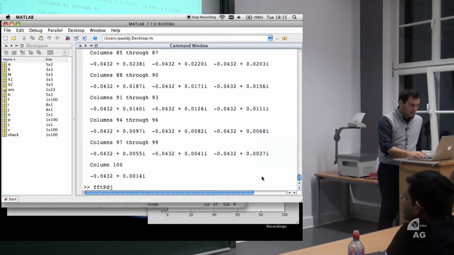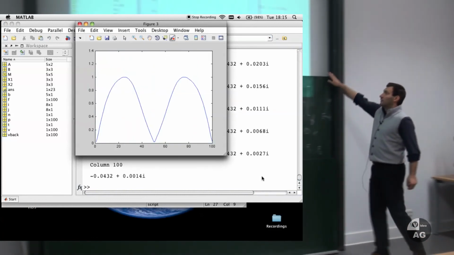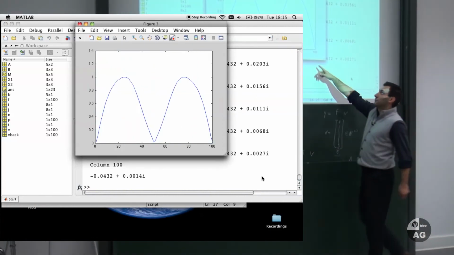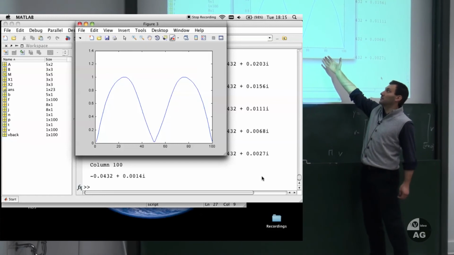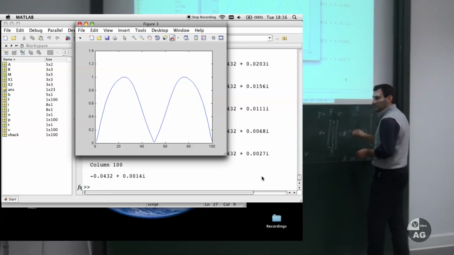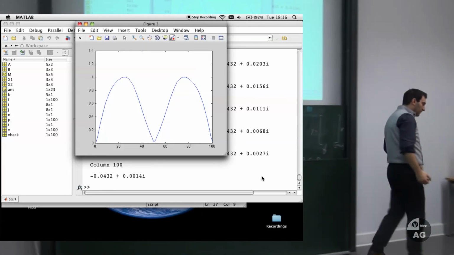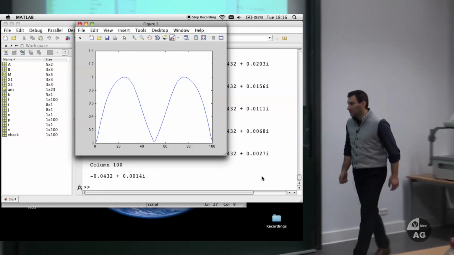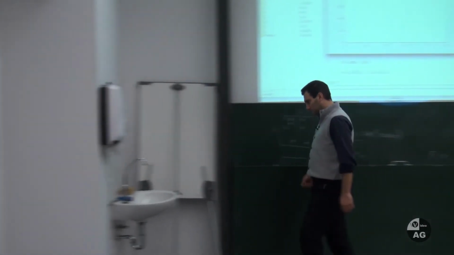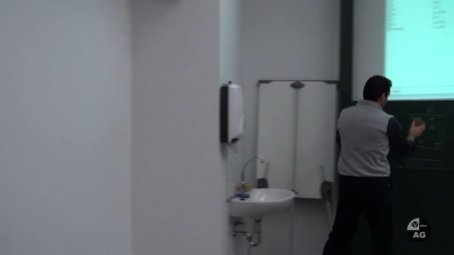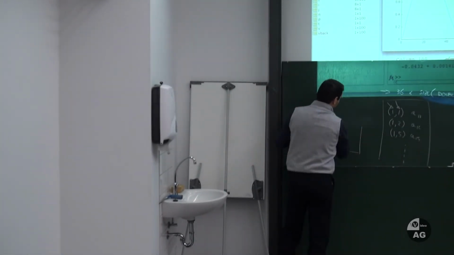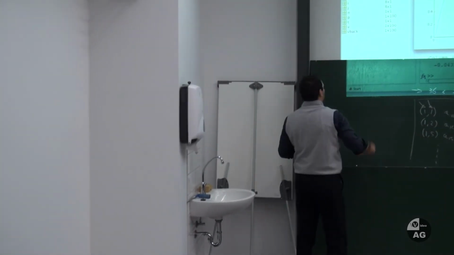This is teaching by examples. With abs, there is no negative part anymore. This is seriously bad for us.